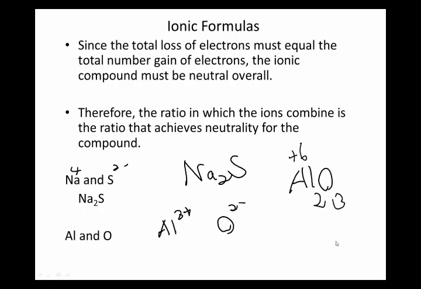Oh, there we go. So you just have to figure out the least common multiple. So aluminum is plus 3, oxygen is minus 2, so the combination that makes it neutral is 2 aluminums for plus 6 and 3 oxygens for minus 6. Some of you might be getting clever and thinking, oh, I get it.